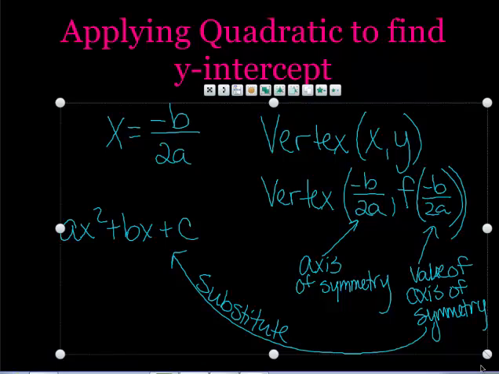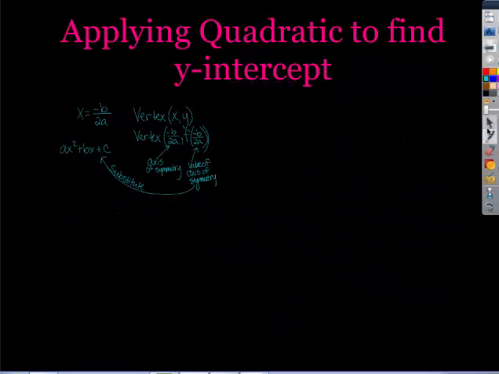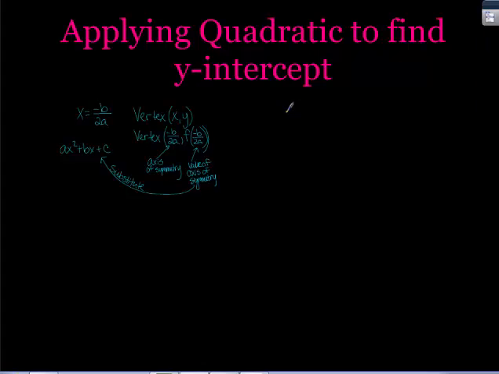The vertex is actually one of the easiest things to find, and I always find that students struggle to find the value of the vertex, but it's actually pretty simple. So let's just take any quadratic. Let's say x squared minus 6x plus 8 equals 0. Now this is factorable, right? I'm looking for factors of 8 that add to give me negative 6. But we don't really care about factoring it that way.